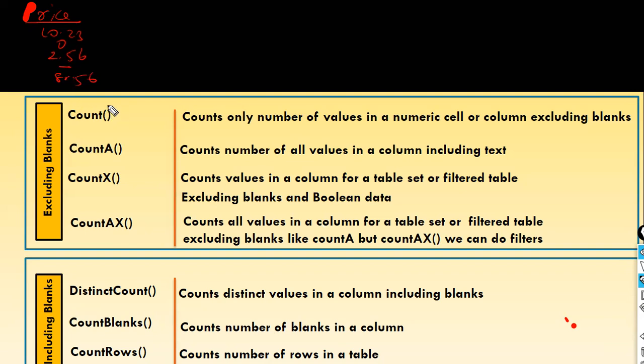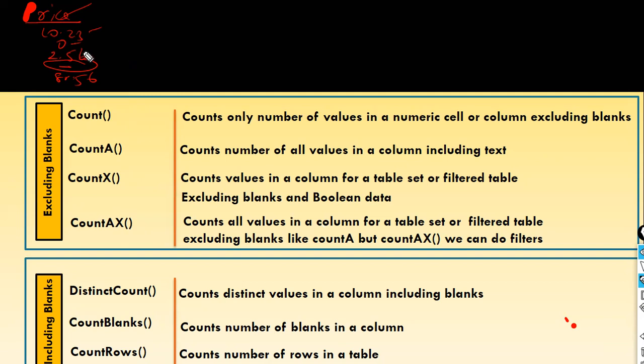When you use these 4 functions on this price column, they will simply ignore the blank value. For example, with the count function, if you count the price, how many values are there in the price column? That is what the count function returns.